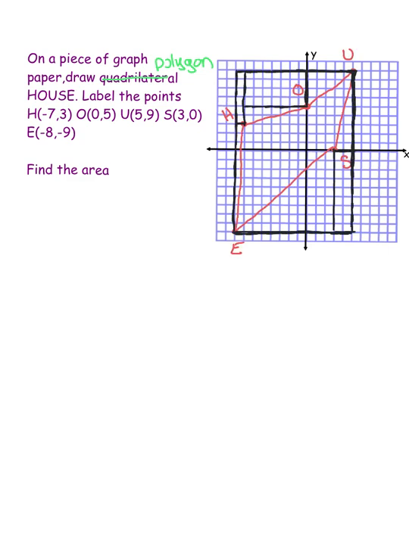So now if I look at my picture, the polygon house is in red. And if you look at all the black lines that I drew around it, I turned everything into nice little rectangles and triangles so I can count the grid lines to find the areas. So what I'm going to do is find the area of the big box. Then I have here triangle 1.